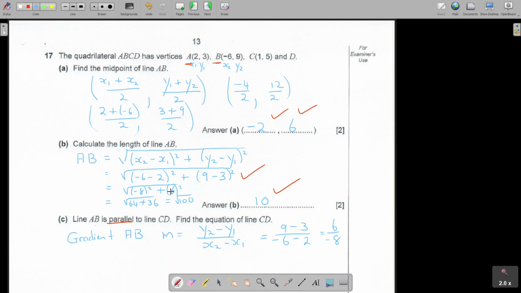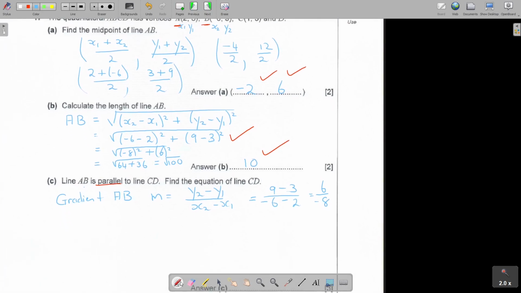Okay, but because you can get confused, I think rather just go, and you have it already marked, and just get that gradient. If I simplify it, the gradient of AB is going to be -3 over 4.